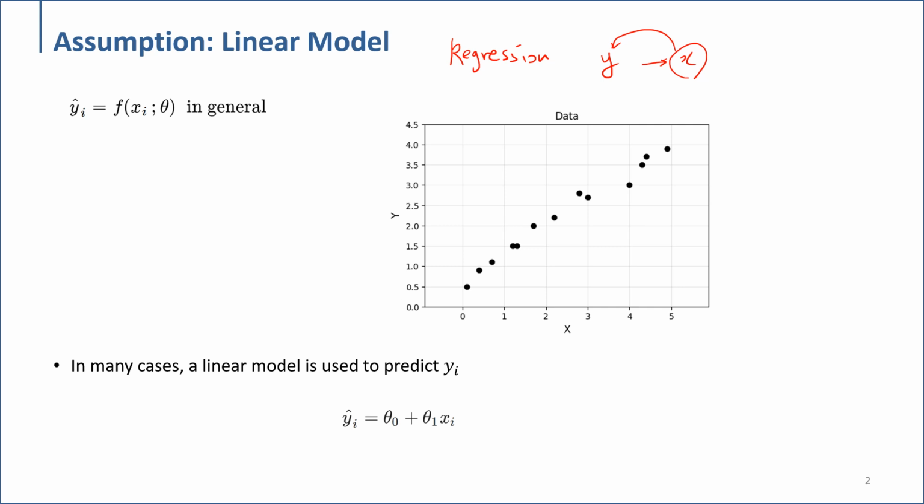So for the regression, we may first start with a very simple case of linear model. So let's say for a given x and theta, we have a simple linear model that is, in general, y is equal to a function of x and theta.